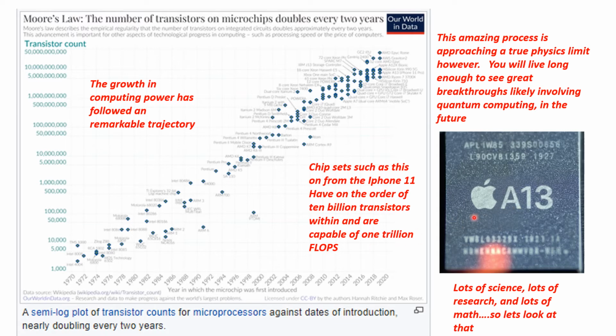Your cell phone has more computing power than the Apollo vessels that took man to the moon. So there's lots of science, lots of research, and lots of math. So let's go look at some of that underlying math, and we go from this big scale and big numbers to some smaller numbers and smaller scales.